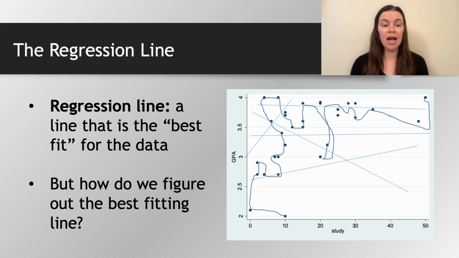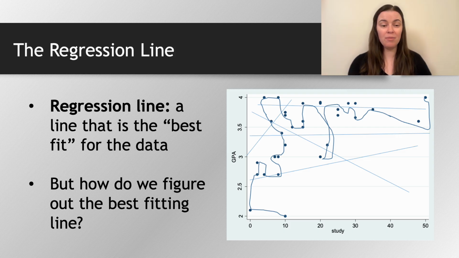So a regression line is what we call a line that is best fit for the data. And so what you see here on the right-hand side is if we were to truly draw our line of best fit, it would look something like this. It would connect all of our data points together, but we know that this wouldn't make sense to us if we were to provide this to another individual in terms of a direction, right?